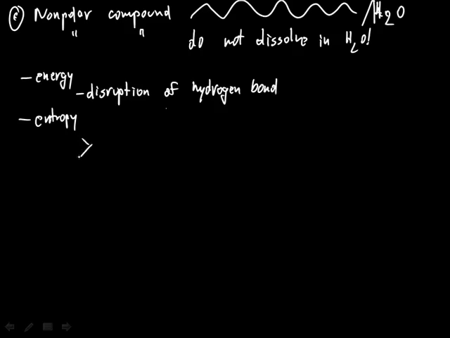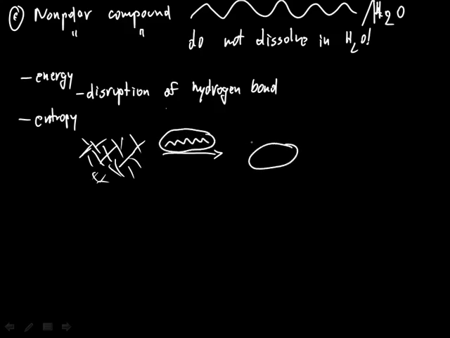Entropically, if we go from a very disordered network of water molecules where they're randomly bound to each other, and now introduce a molecule of some nonpolar compound, then the water molecules will have to order themselves around this nonpolar solute.